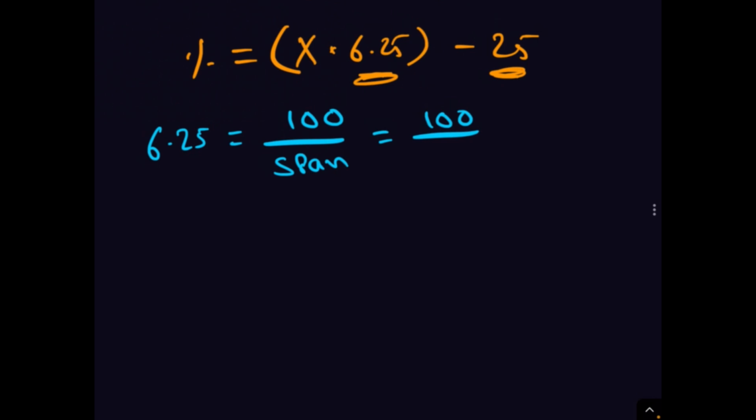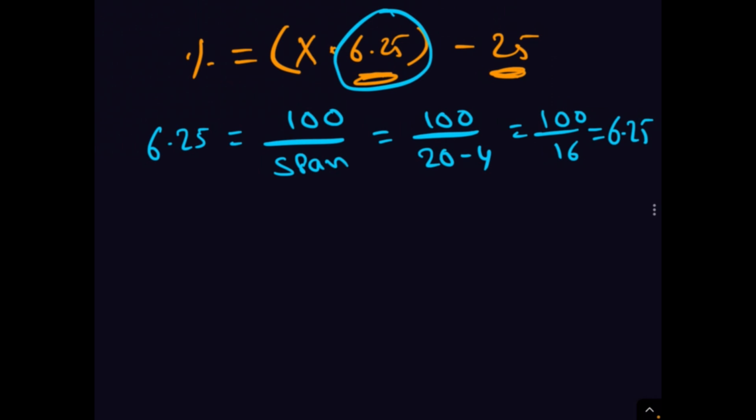So 20 minus 4, that is equal to 100 by 16. So finally, which is 6.25. Okay, fine. Now this part is clear.